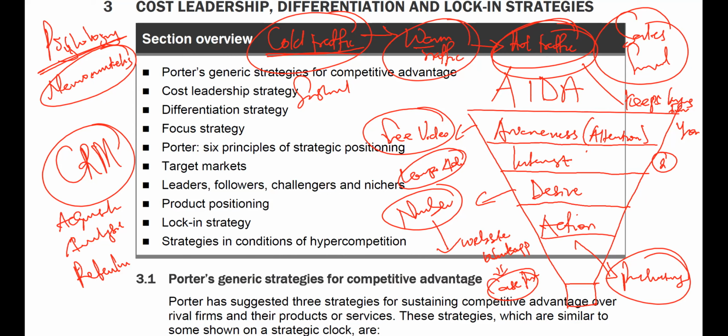I hope that's okay. Have you put something down? Put something down quick and let's start looking at the generic strategies.